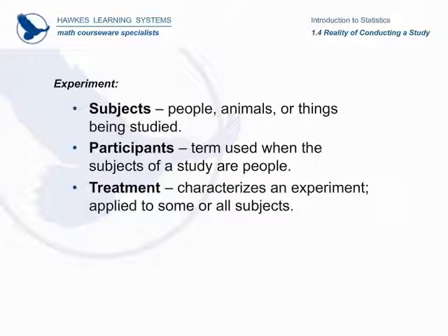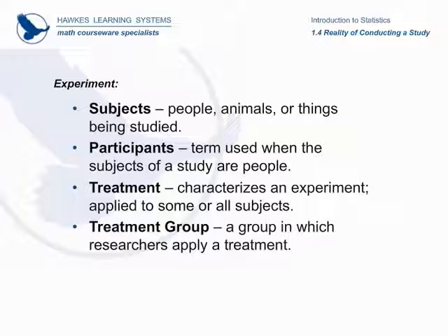Then we have within an experiment a treatment. And a treatment characterizes an experiment. It applies to some or all subjects. Some or all of the subjects in an experiment would be given a particular treatment.